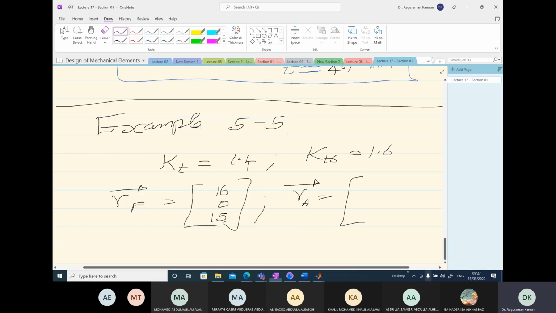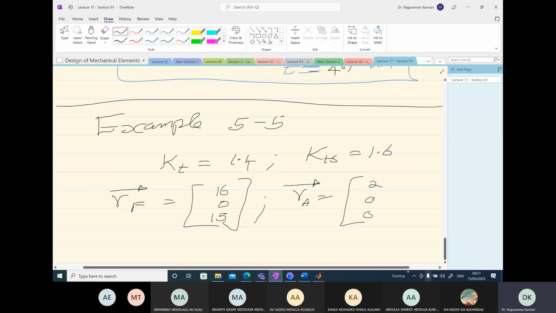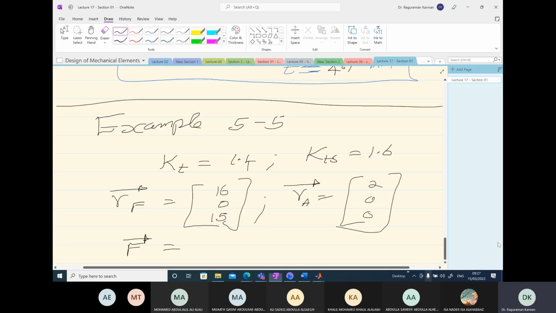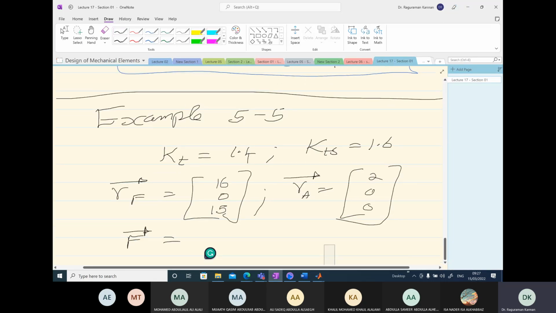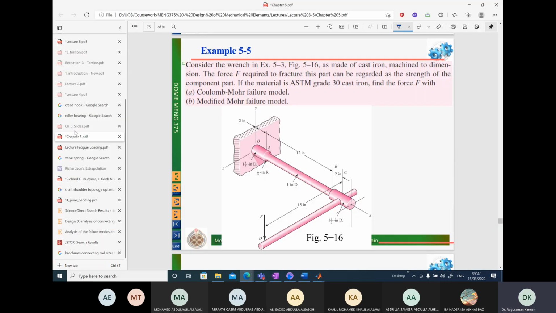So location A is 2, and the Y and Z values are obviously 0. What is F? It's the force vector, and here we want to find the force F, so F is unknown. The force vector is 0, minus F, 0. We want to calculate the moment at A.